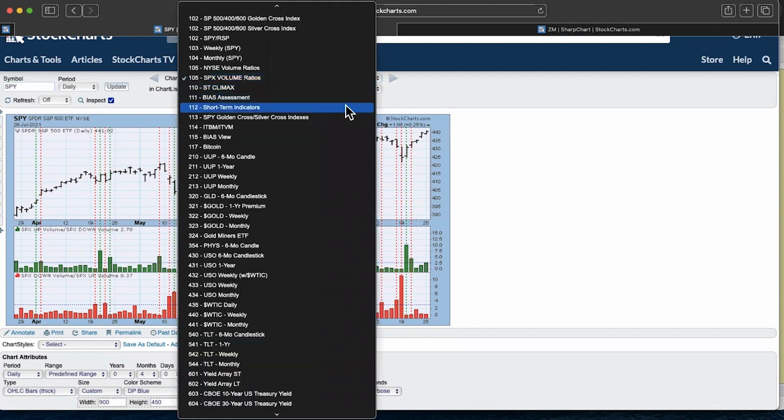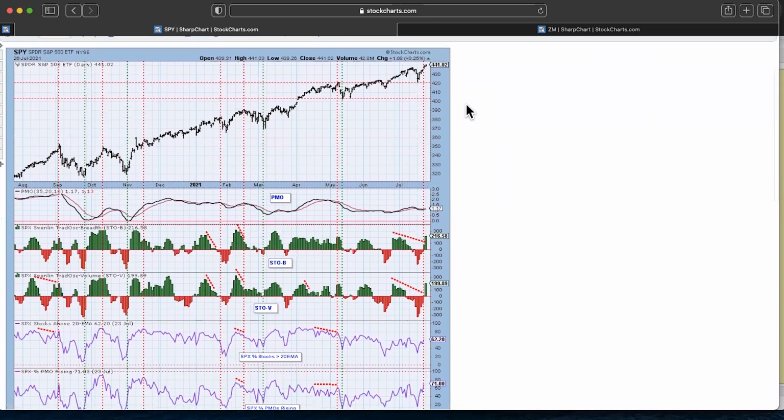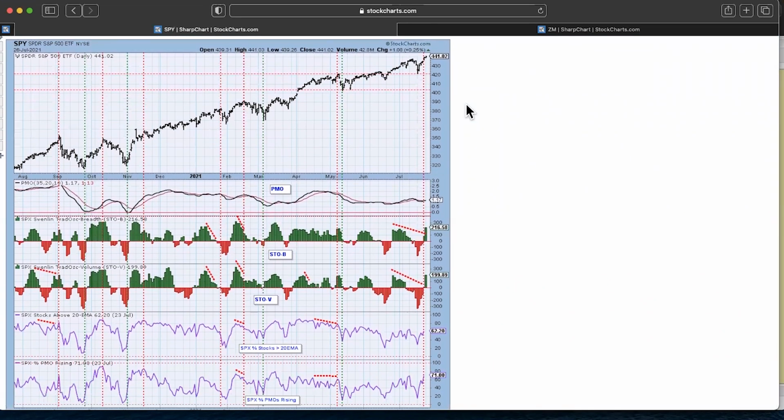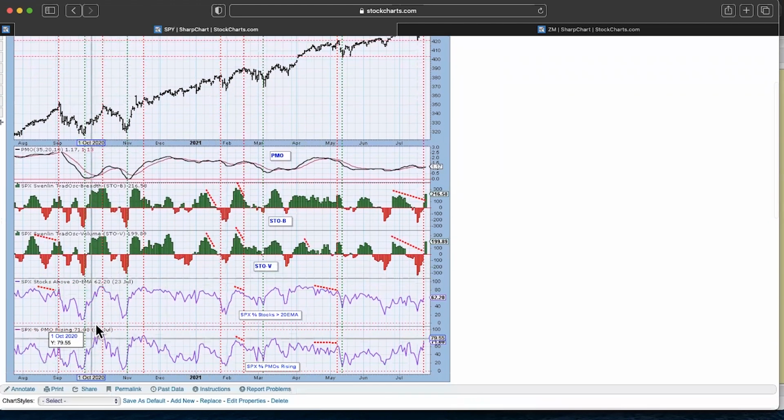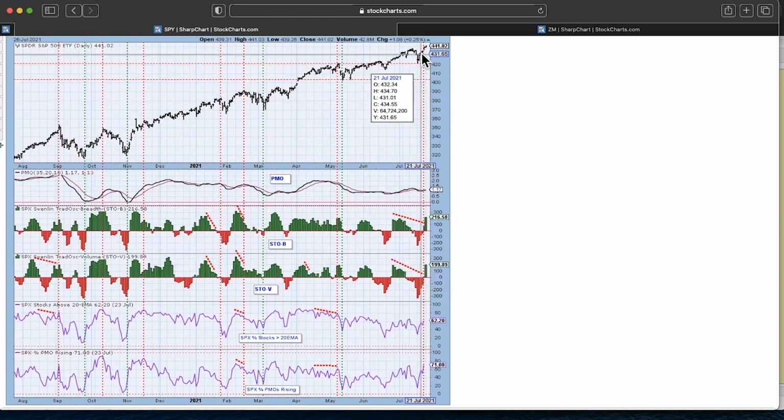Let's go ahead and look at our Swenlin trading oscillators. Oh, big move on the Swenlin trading oscillators today. Like I said, some of these are new to me. I haven't seen all of the updates. You can see these two haven't quite updated yet. But the Swenlin trading oscillators, we had a very negative divergence on these with those new all-time highs.